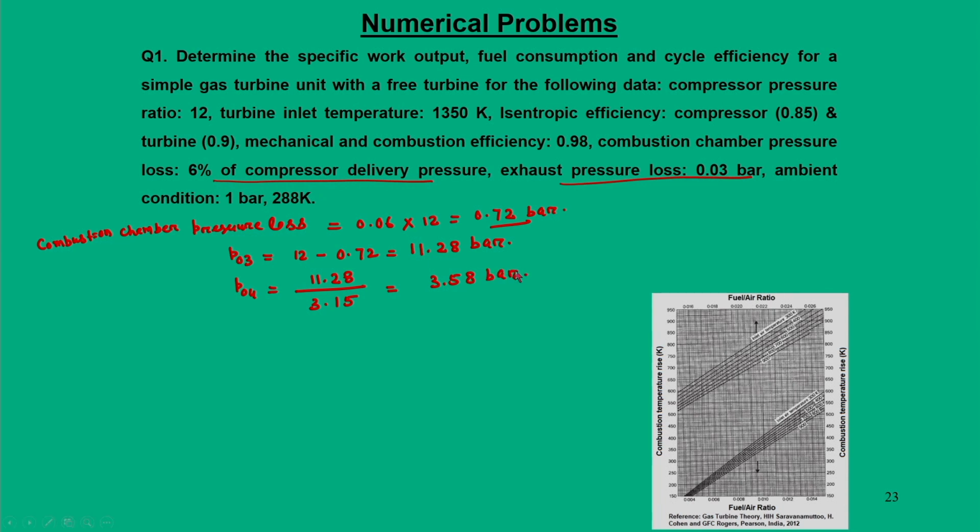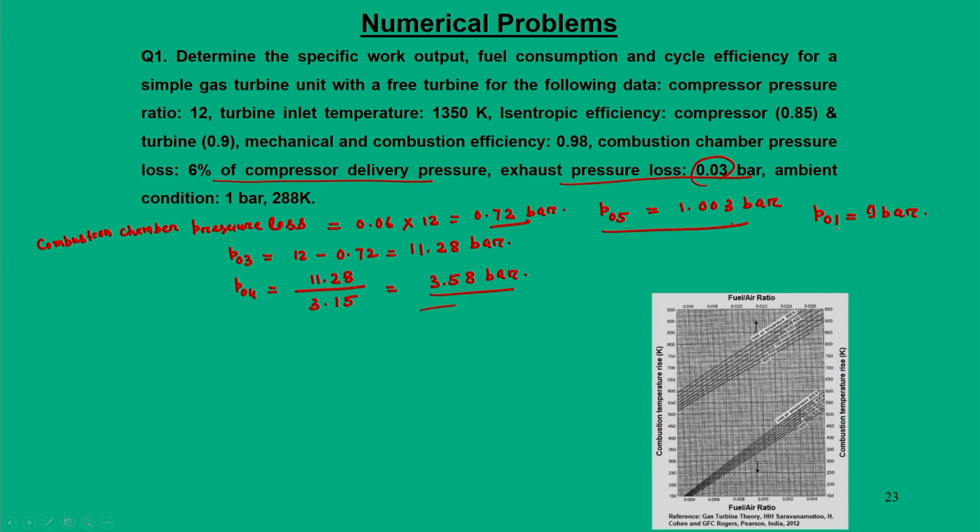Okay, and here for the power turbine, P05 also you can find out. P05 would be 1.003 bar, because P01 is 1 bar and we have to account for the exit pressure loss of 0.03 bar.